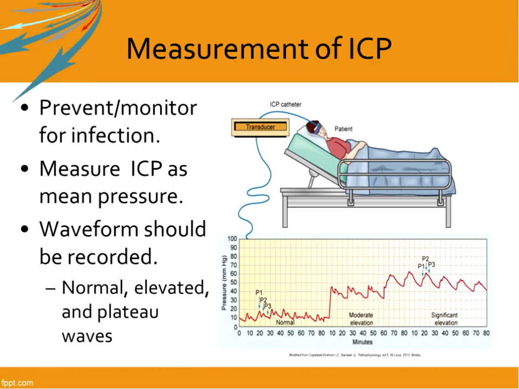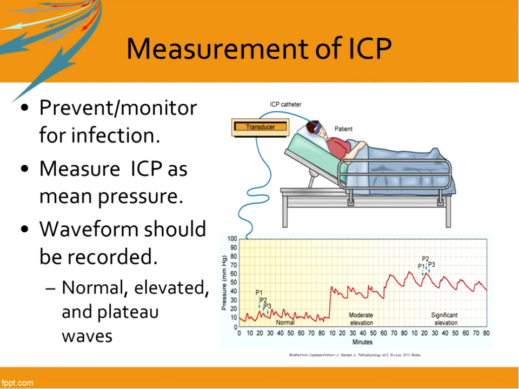This slide shows you measurement of ICP. Remember, we're going to monitor and prevent infection. We're measuring ICP as a mean pressure, and this shows you the waveform. The waveform diagram that's here is also in your book, and it's probably a little clearer because it's bigger to see that. Some things that we need to think about is the development of infection.